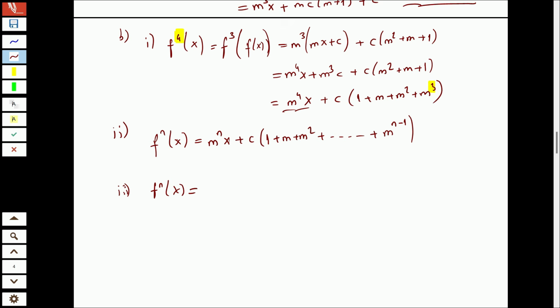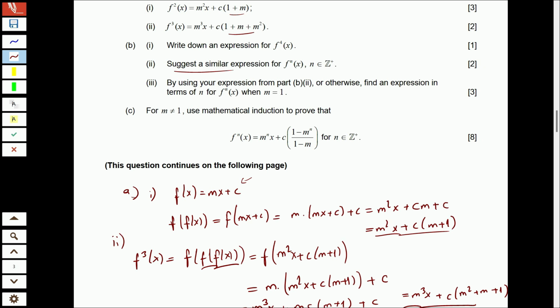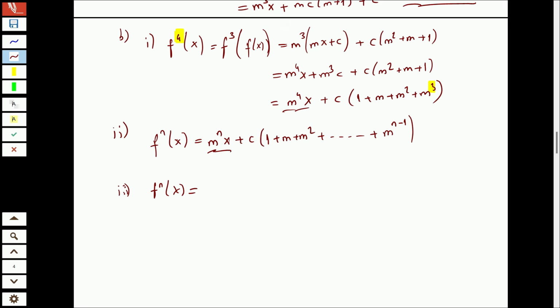I will not change the x, I will just change m. So here it is going to be x + c times (1 + 1 + 1 ...). There are n terms of 1 in here, which will give us x + nc.